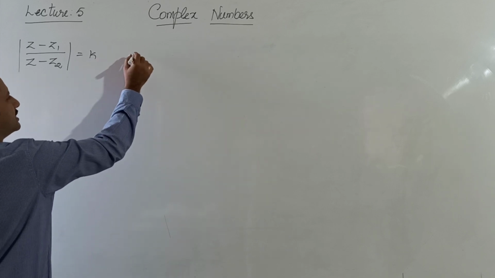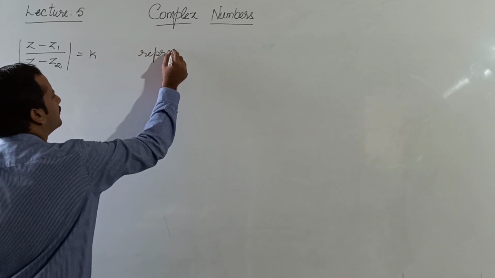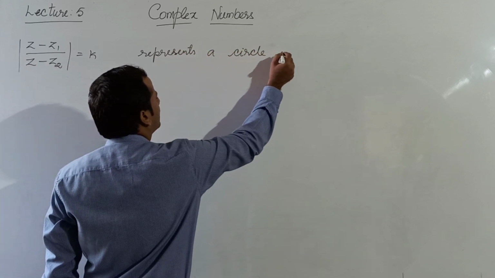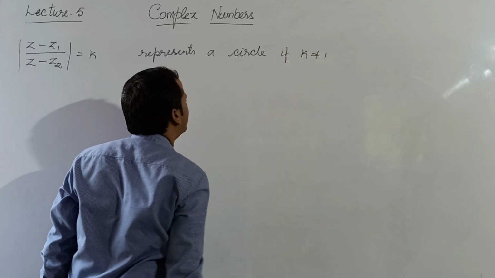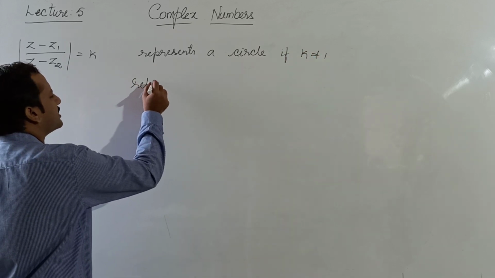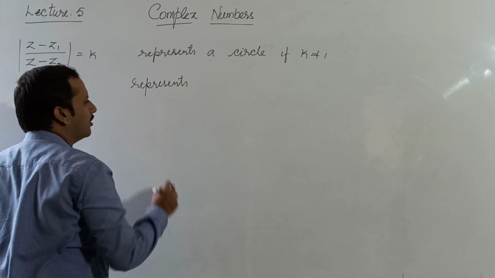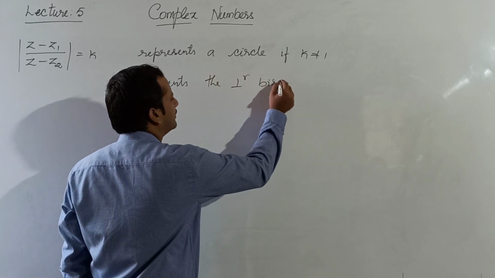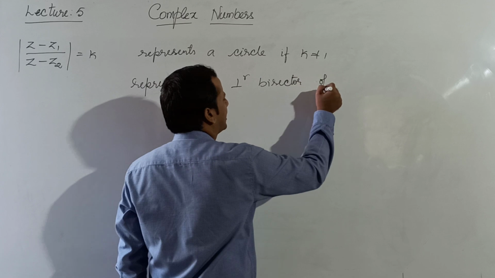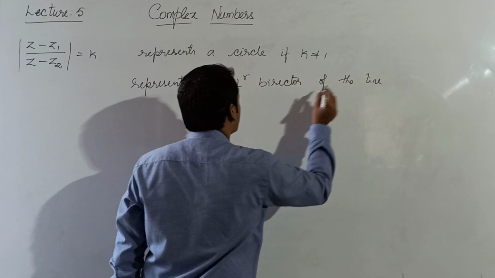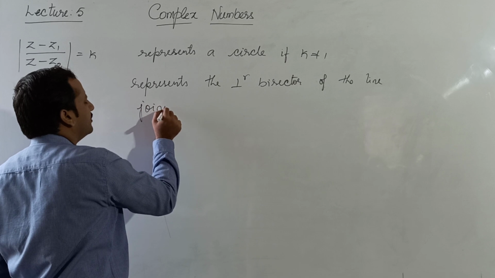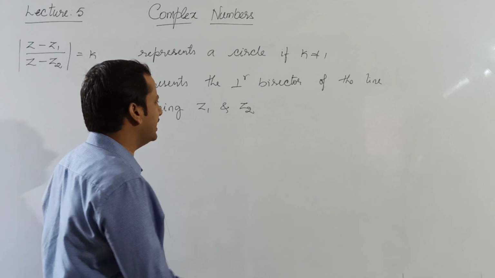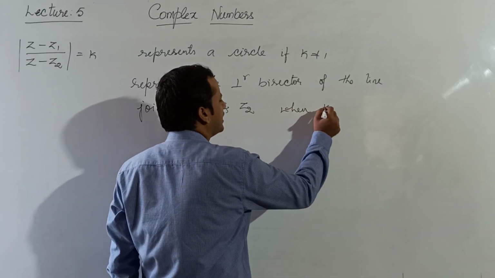Then this represents a circle if k is not equal to 1, and represents a straight line, or in particular the perpendicular bisector of the line joining z1 and z2, when k is equal to 1.